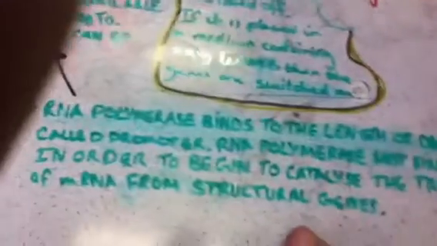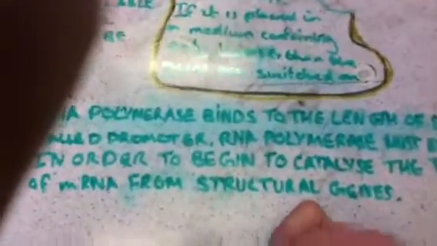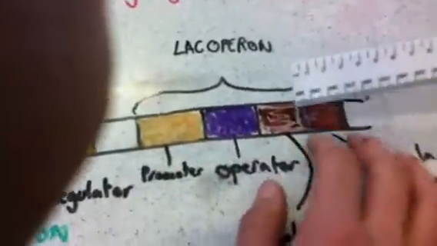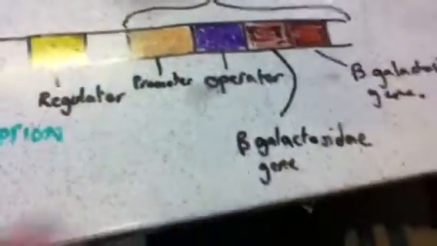So the RNA polymerase binds to the promoter, and it must bind in order to begin the catalysis of the transcription of mRNA from structural genes. So basically, RNA polymerase must bind here in order for these two enzymes to be coded for.